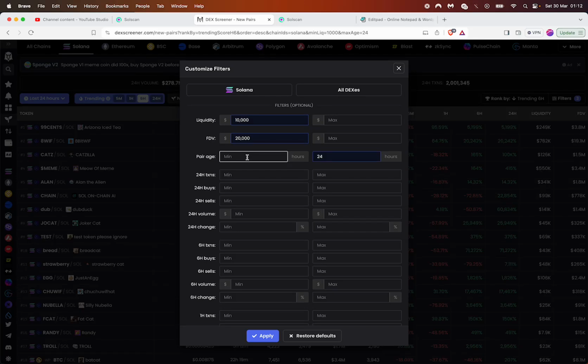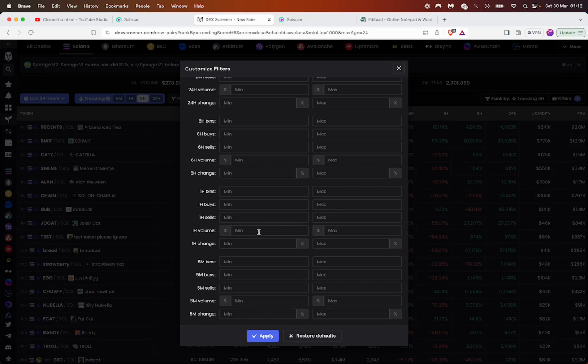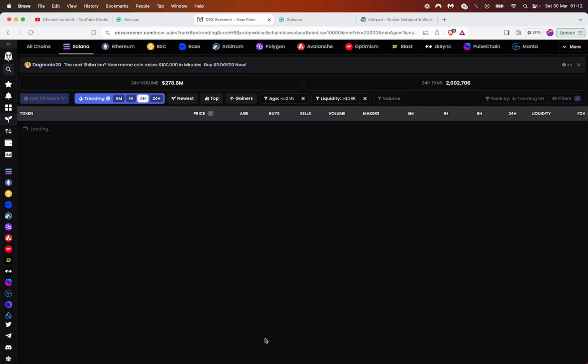I think if tokens survive up to 1 hour, then it's not a rug pull, or it's already survived. So I put 1 here, because a lot of rug pulls complete within a few minutes. So if tokens survive up to 1 hour, that's a good thing. These ones, maybe I'll leave for now. We come back later.